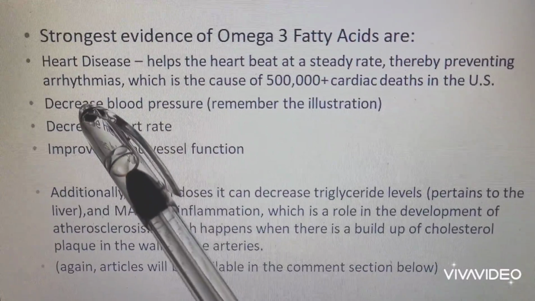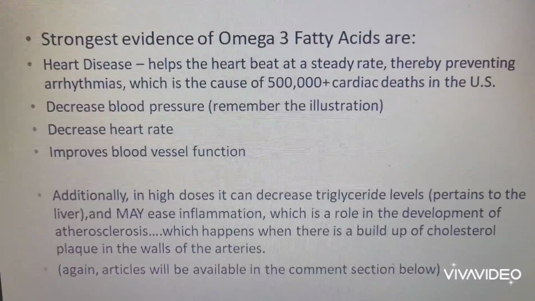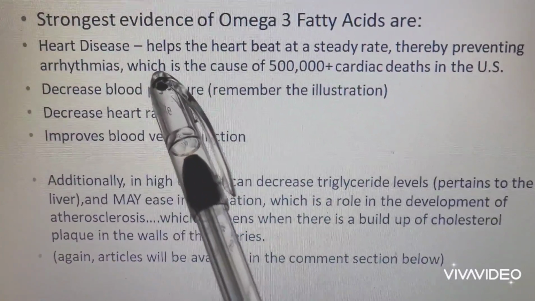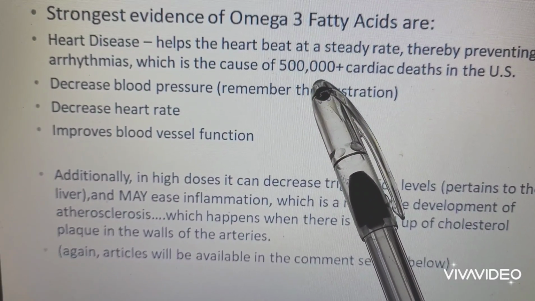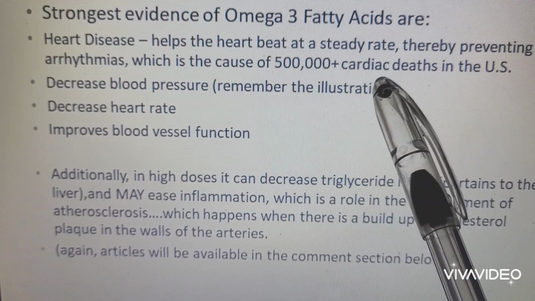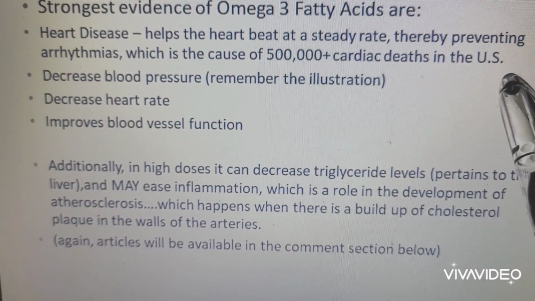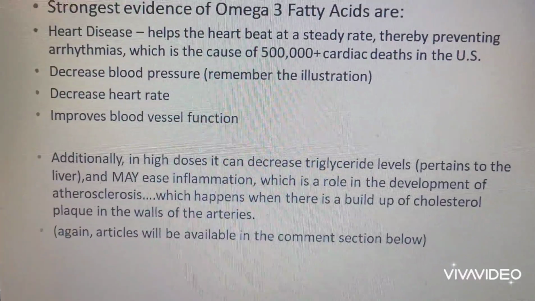Okay, that's an arrhythmia, an erratic heartbeat. And arrhythmias cause 500,000 or half a million plus cardiac deaths in the U.S. I should say annually. All of this, again, will be in the article.